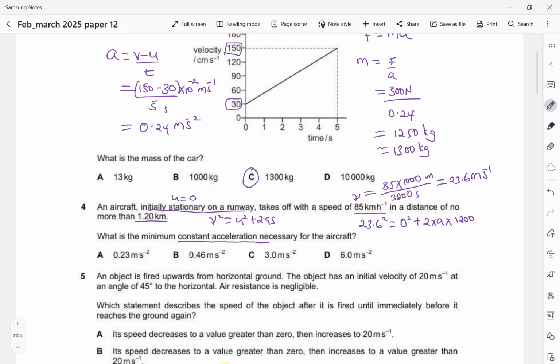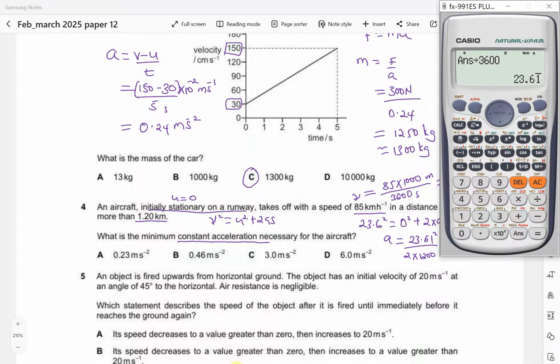So I'm trying to find the acceleration. I'll just press my calculator: 23.61 squared divided by 2 times 1200.